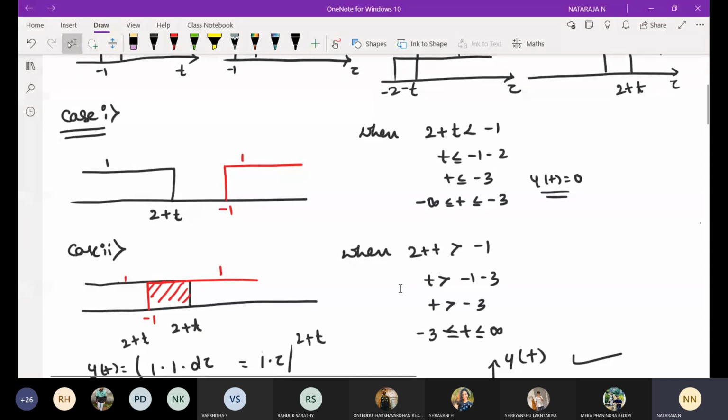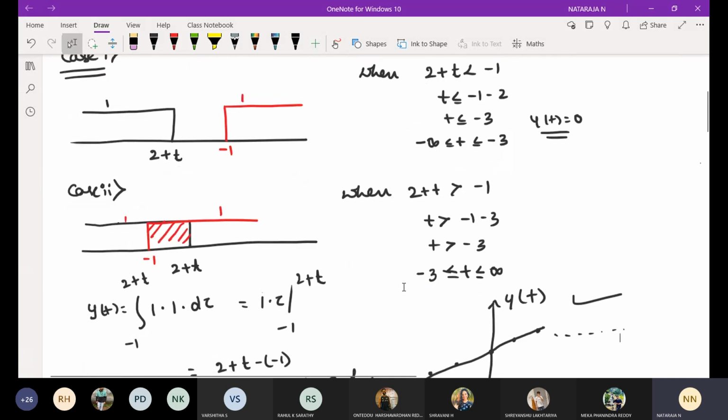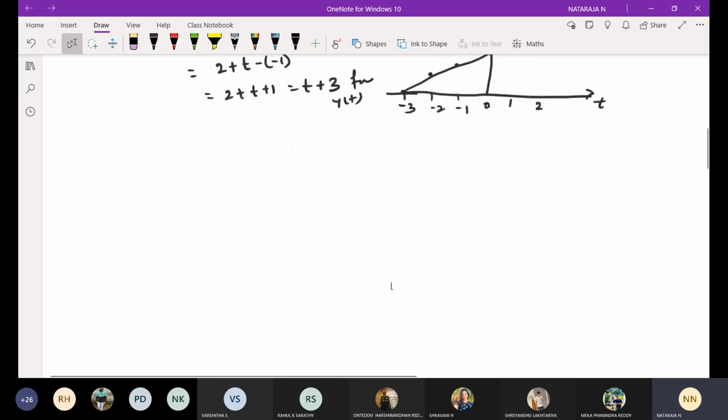We'll move to the next problem. Try this problem.